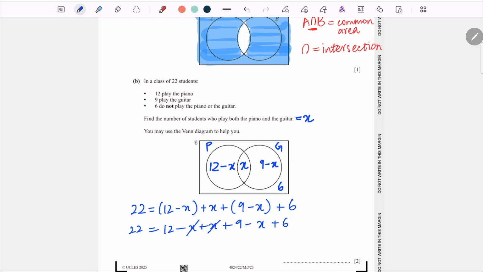Both of these will cancel each other out. We'll be getting 22 minus 12 minus 9 minus 6 is equal to minus X. Minus 5 is equal to minus X. Minus and minus will cancel each other out, so the final answer for X will be 5.